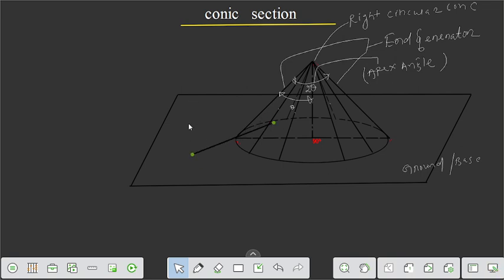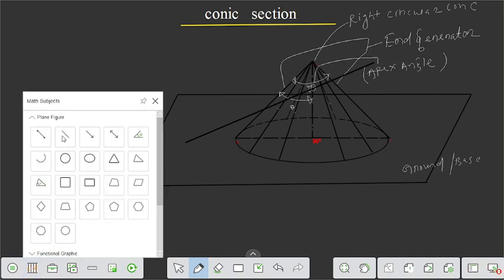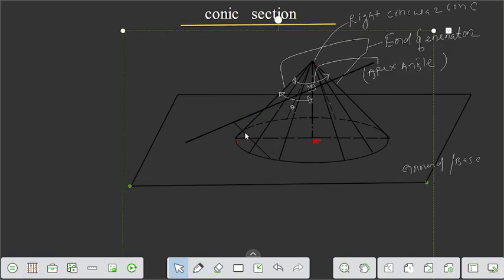The cutting plane cuts the cone at some angle.